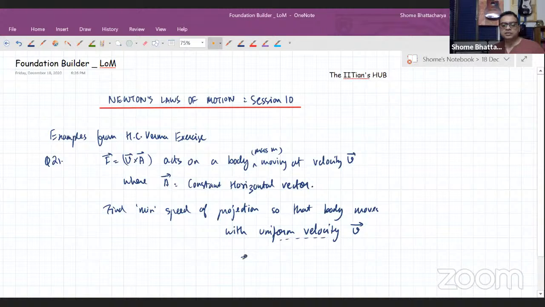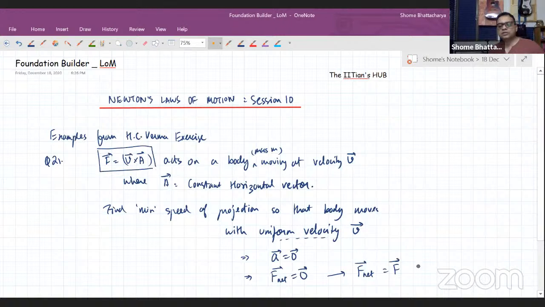That means the acceleration of the body should be zero, which means the net force acting on the body should be zero. Now the net force here will consist of what? The net force will be the vector sum of this external force that is acting, plus the weight of the body. So this should be zero. Okay.